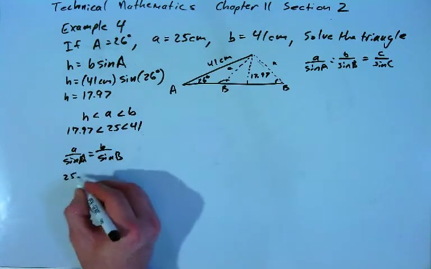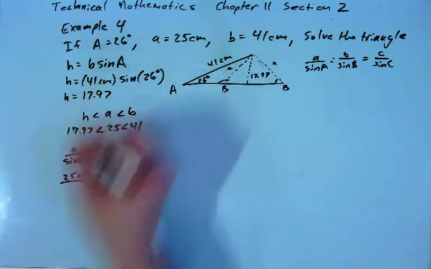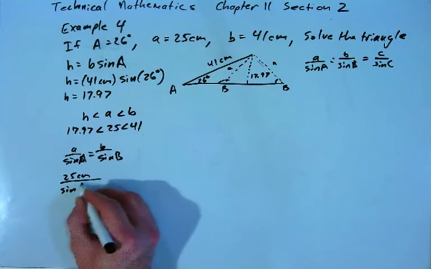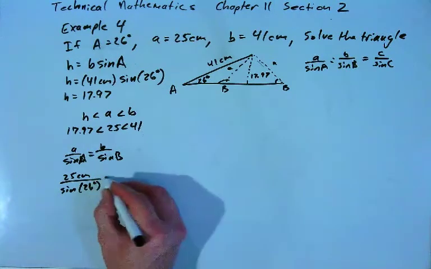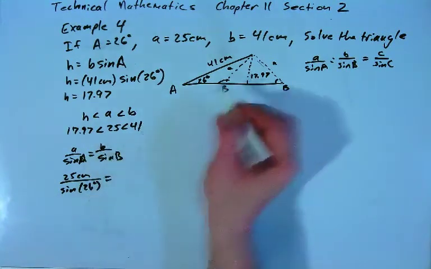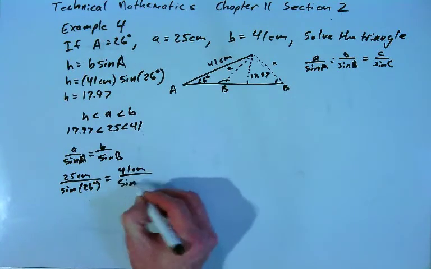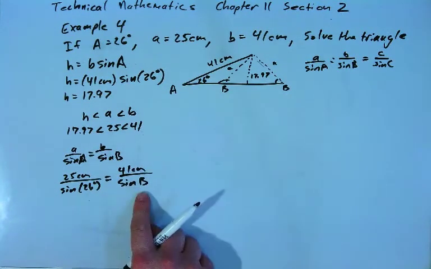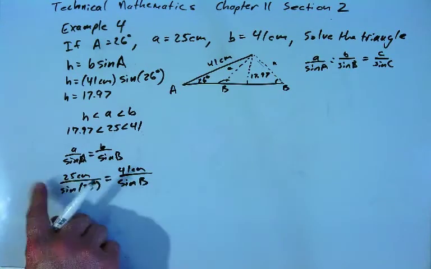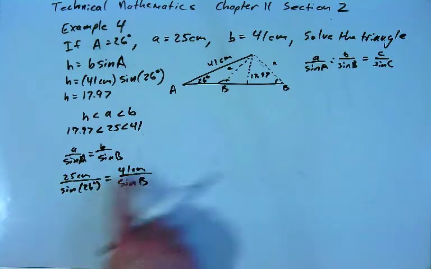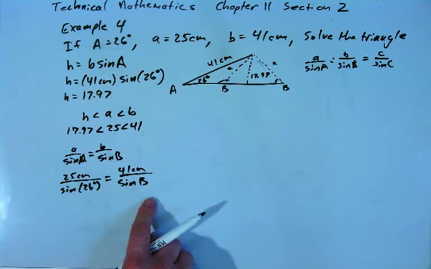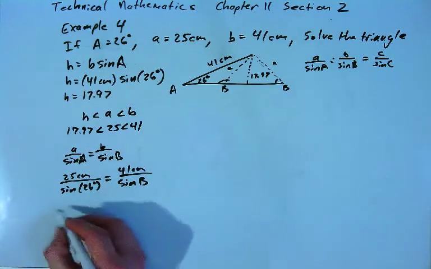A we know is 25 centimeters. Angle A is 26 degrees. That is equal to b, which is 41 centimeters, divided by sine B, which is the angle we are looking for. And so we multiply both sides by sine B, multiply both sides by sine 26, and divide both sides by 25 centimeters.